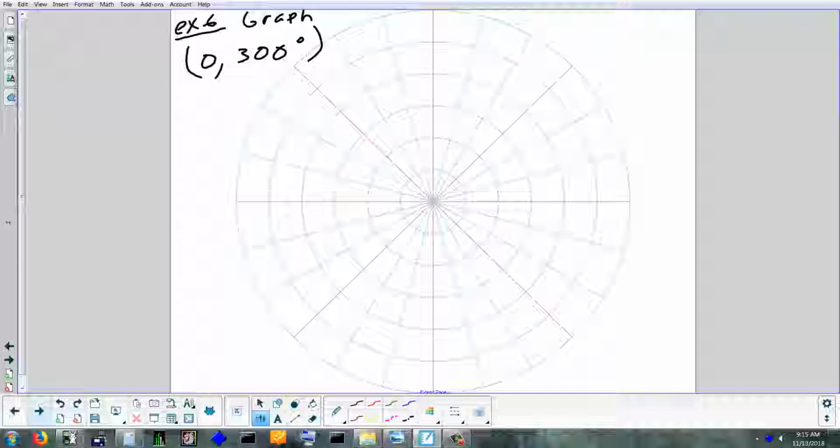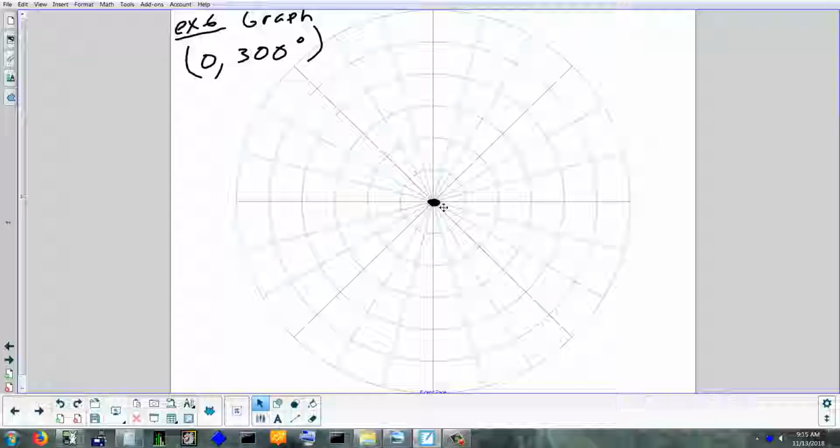So it would look something like this. Start by putting a temporary mark at the pole, but then you have to spin it 300 degrees. About like that. So just make sure that you spin it.